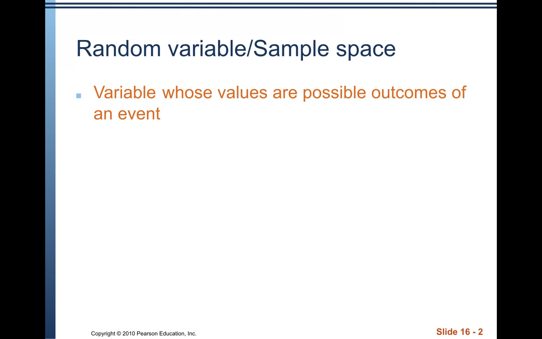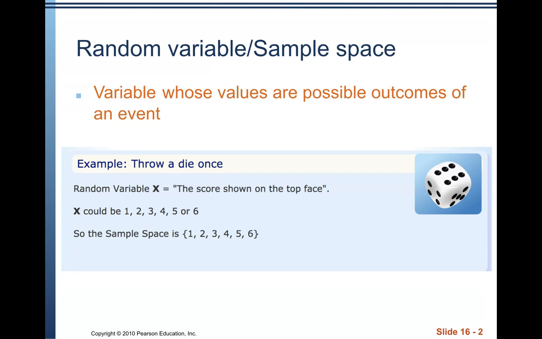For rolling a die, for example, a random variable would be one, two, three, four, five, or six, since those are the possible outcomes of rolling a standard six-sided die.